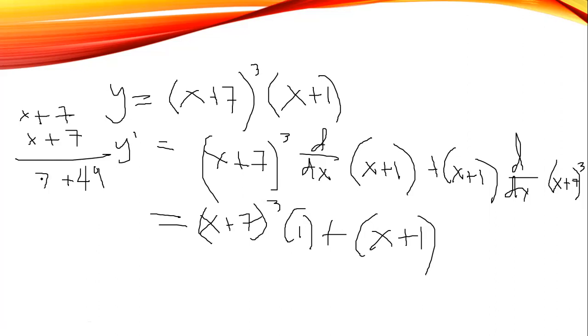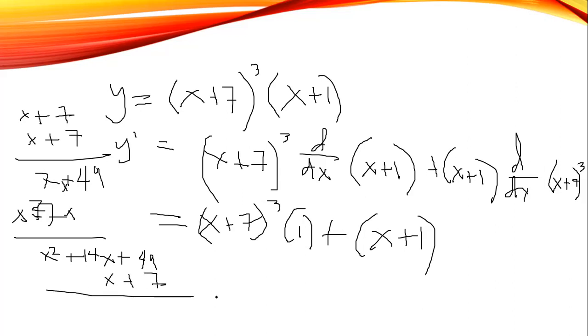This is equal to 7x, another 7x, and x squared. So therefore, we have x squared plus 14x plus 49. And then we multiply this by x plus 7 again.